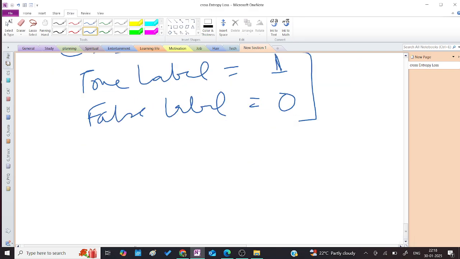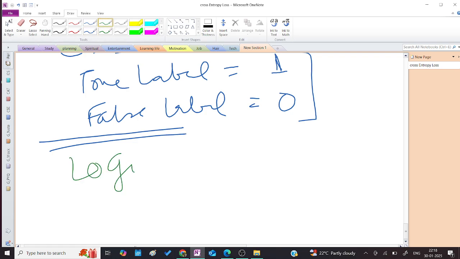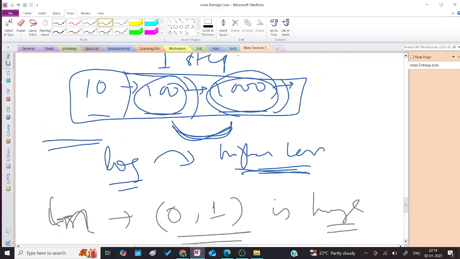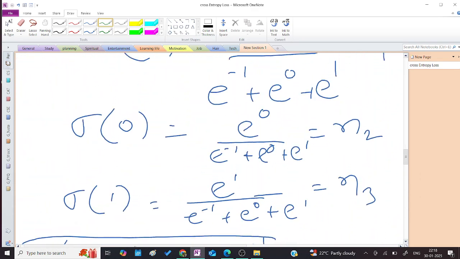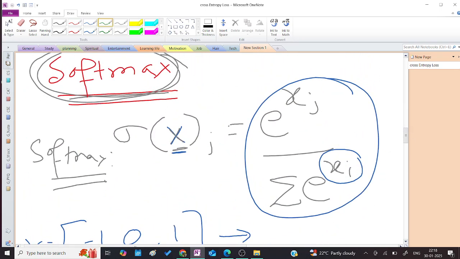Yeah, one more thing, the concept of logit. What is this logit? Nothing but this x. Okay.